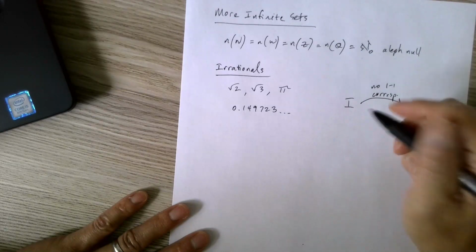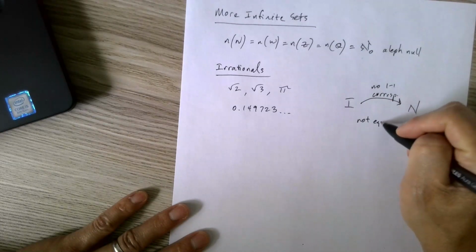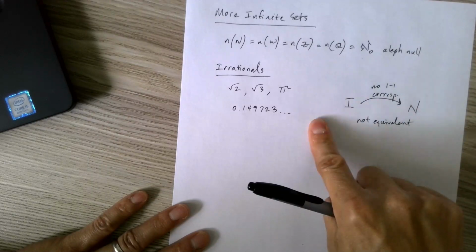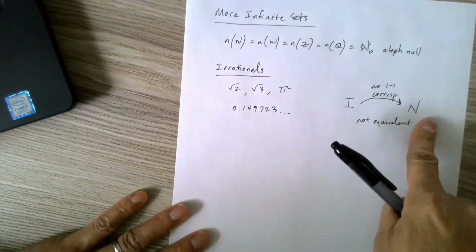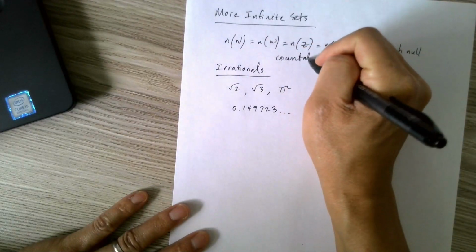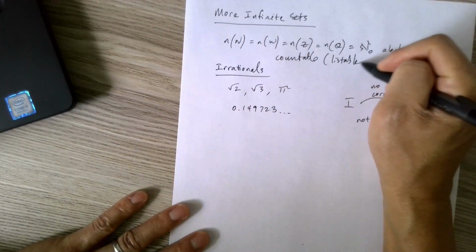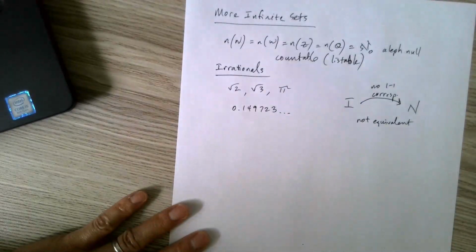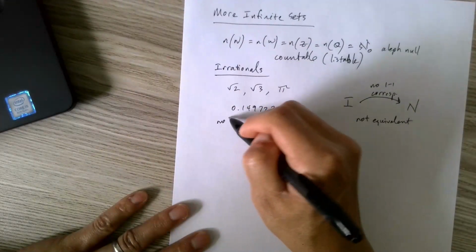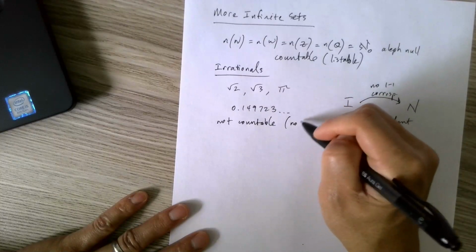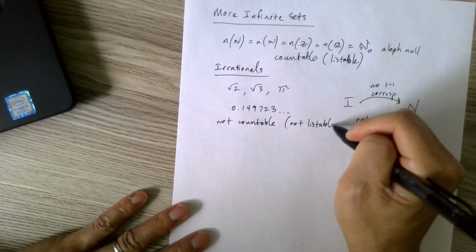And if they don't, then they're not equivalent with naturals. These are all equivalent with naturals because these are all countable. Countable, remember, means that we can list them without skipping any and match them up with the naturals. So I'm claiming that these are not countable, or not listable. And this time I'm going to prove it.